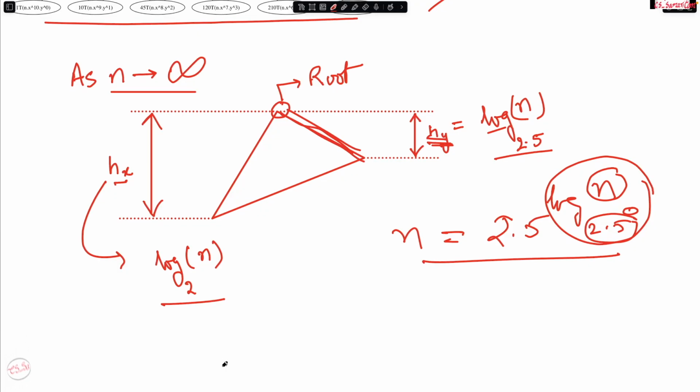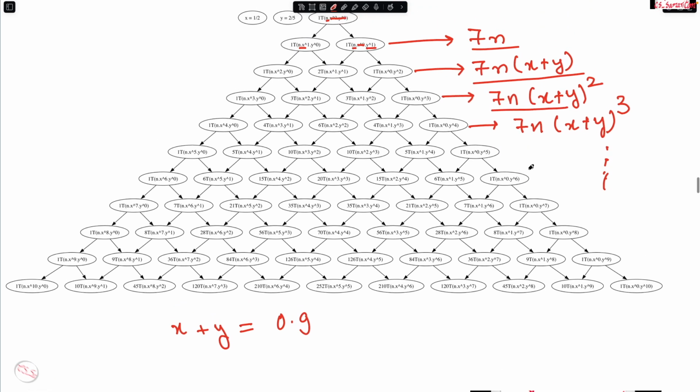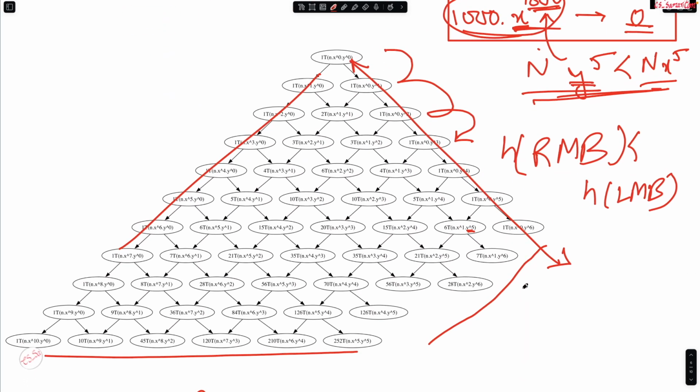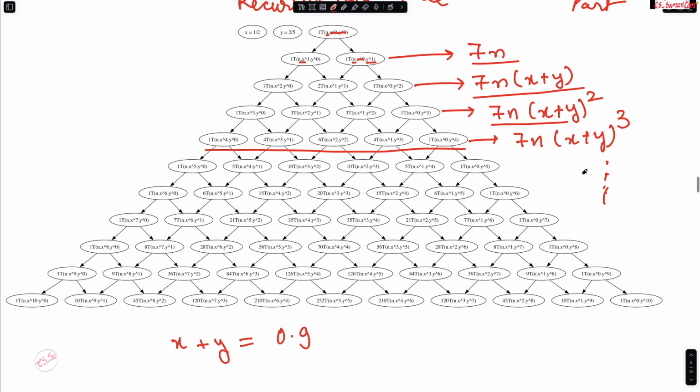Now the thing is, by the analysis that we did till now, this kind of pattern is present for the non-recursive part only if all the levels are present like this. If some of them are missing, as is the case over here, this kind of pattern is not going to happen.